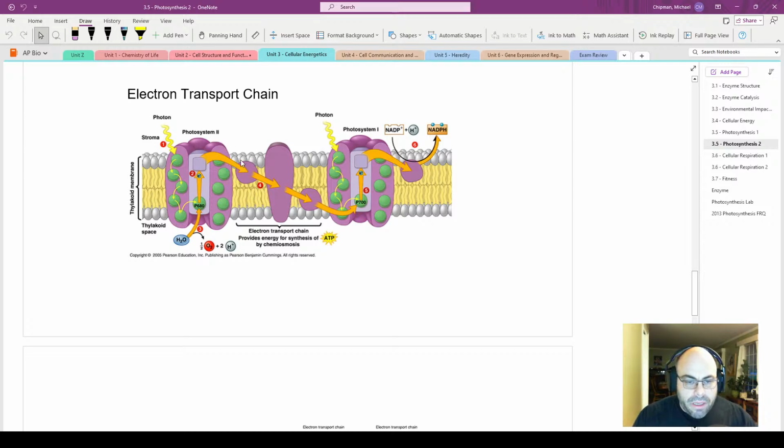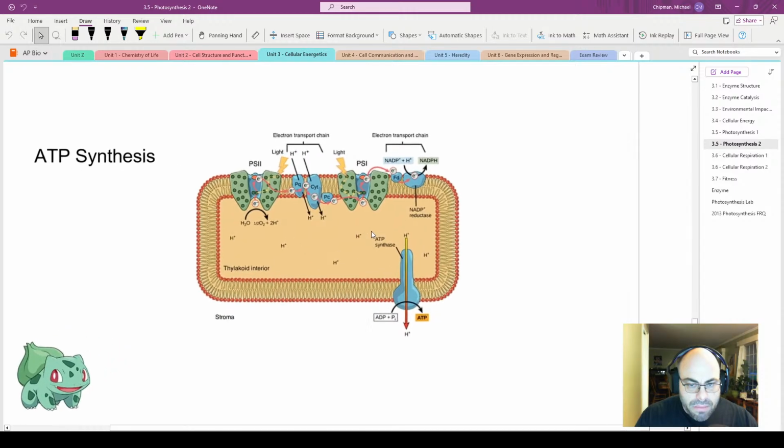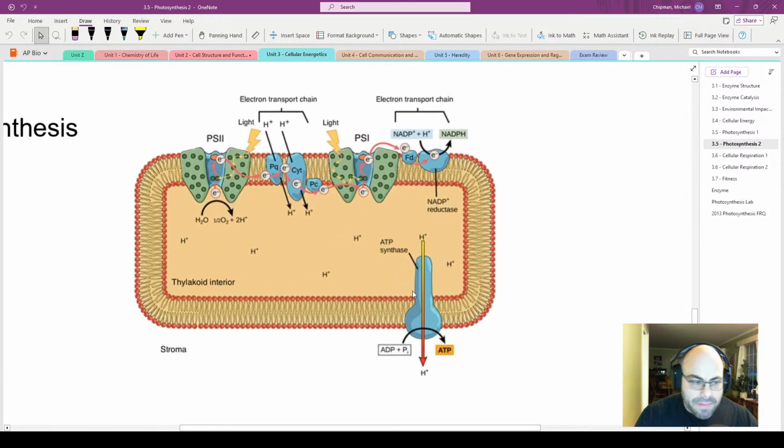And because of the passage of those electrons from one protein to the next, it powers what we call chemiosmosis, which is the buildup of protons, a proton gradient, right? And that proton gradient is going to be used to do some particular work, right? Let me find a better picture. Here we go. This is a more complete picture, right? Because it's got ATP synthase in it too. And so that's the similarities.